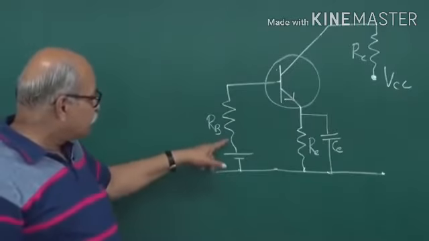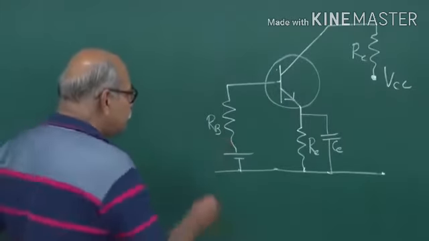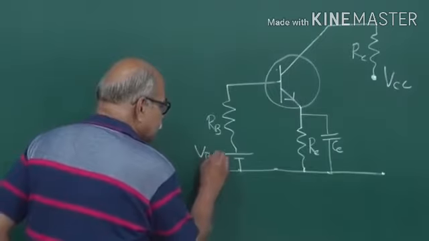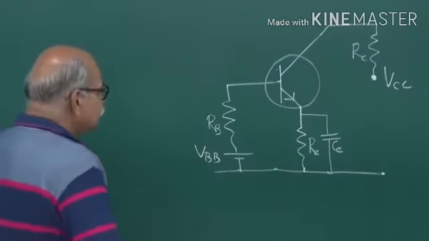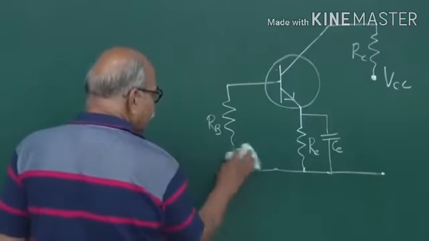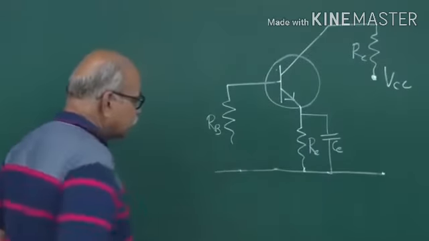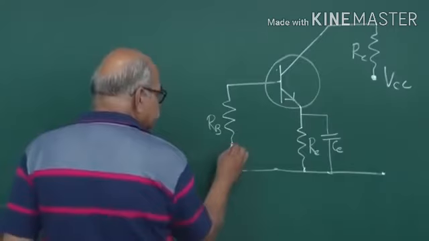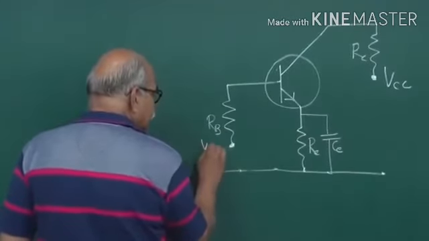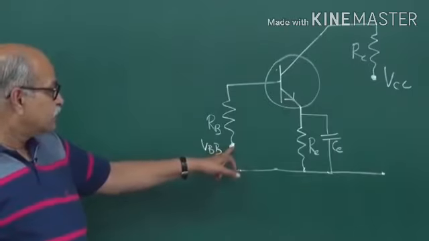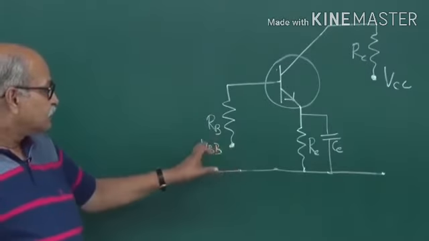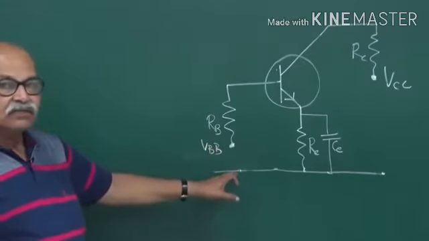This is how you can do many things. For example, this RB here, this is VBB, base. So instead of writing in this fashion, you can just remove it and you can just write that this is VBB. That means we know that there is some battery connected here and it is maintained at this potential with respect to this ground.